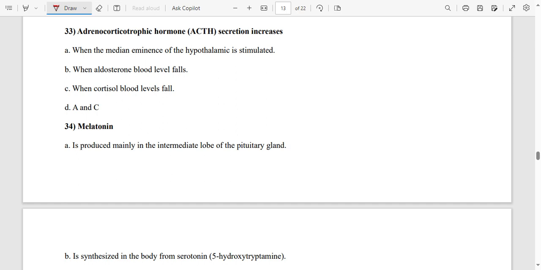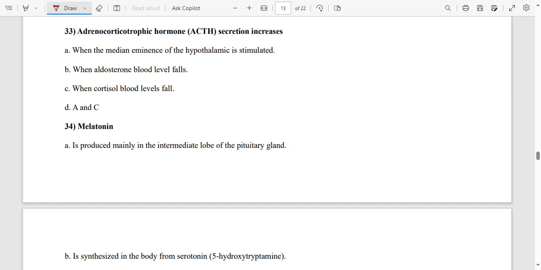Okay. So what happens is that the paraventricular nucleus is going to release corticotropin releasing hormone, and the corticotropin releasing hormone will be able to circulate into blood, and then from there is going to be able to break something which is known as the pro-opiomelanocortin, and then it will form the adrenocorticotropic hormone.